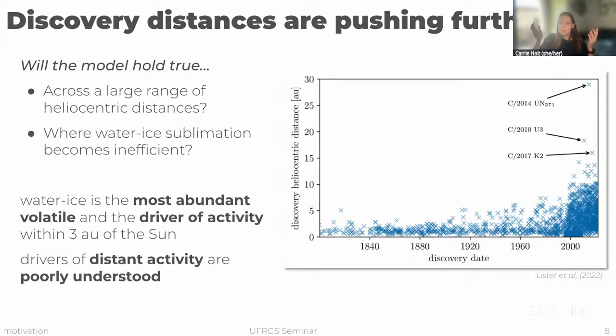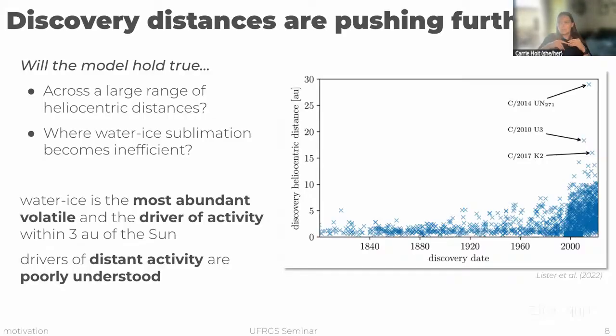So now we're discovering comets much further away from the sun, as you can see in this figure, frequently beyond 5 AU and even sometimes beyond 10 AU. So the question that we want to ask is, will this model hold true across a large range of heliocentric distances, so more than just a short range?